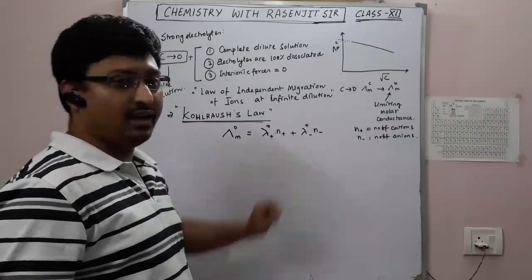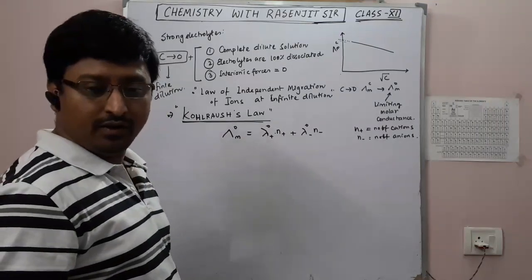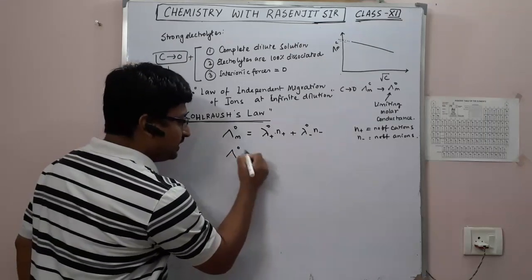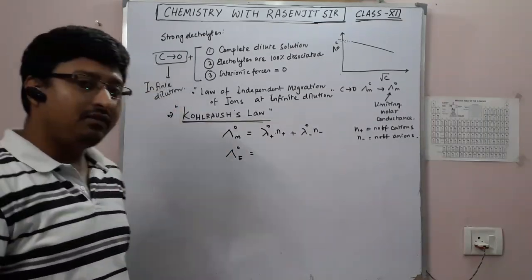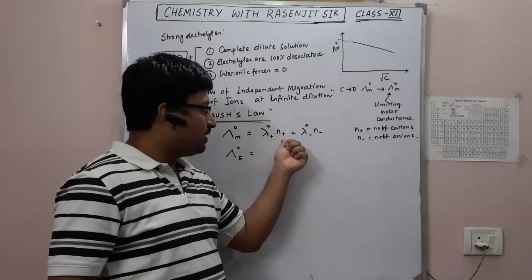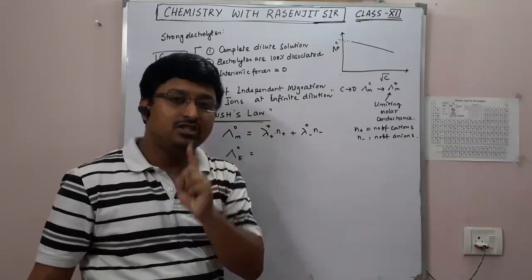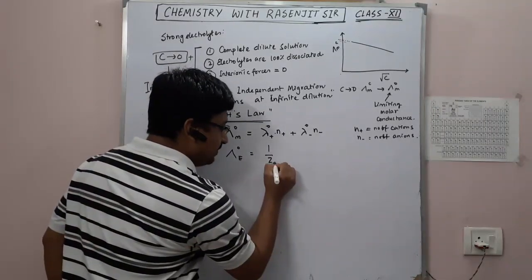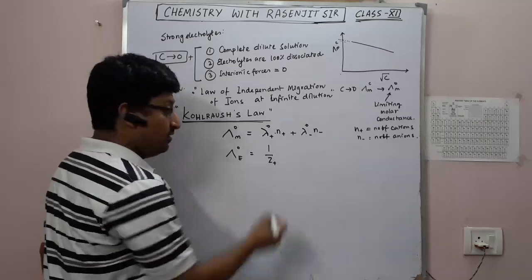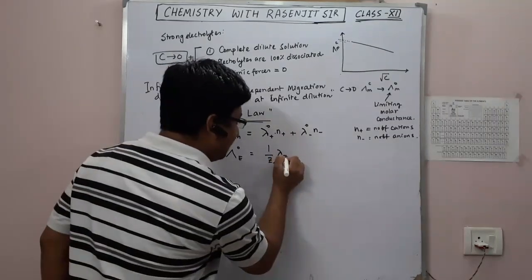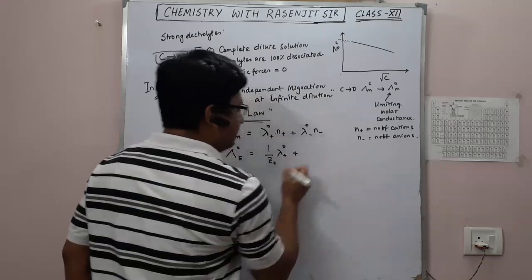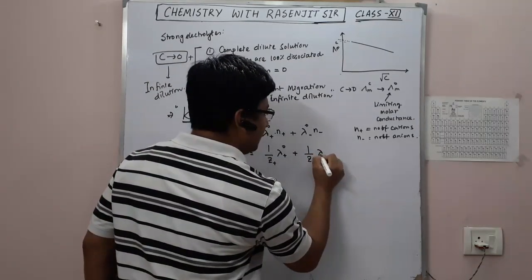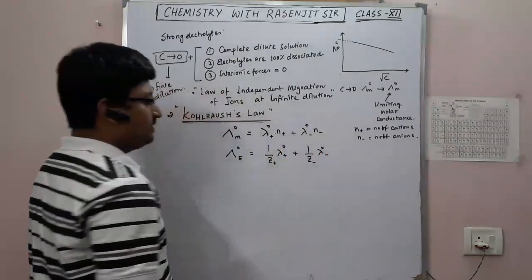So this is the molar conductivity which we talked about. Now what happens to the equivalent conductance at infinite dilution? The equivalent conductance depends on the charge, right? So what I will put here is 1 by Z plus, the charge of the cation, multiplied by lambda 0 plus, and 1 by Z minus multiplied by lambda 0 minus.